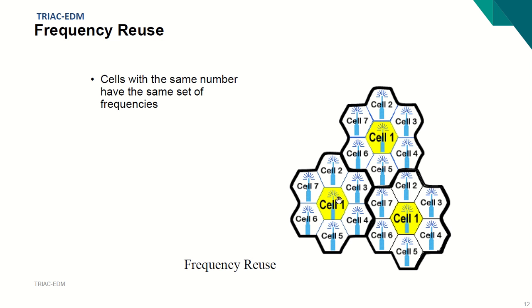So you see cell 1, and then when it's far away, we reuse it again. But it's not like we can reuse it arbitrarily, because if you do it that way, you have interference. And again, we can see cell 3. Cell 3 is reused further away. It's not like you use it here and then use it here.